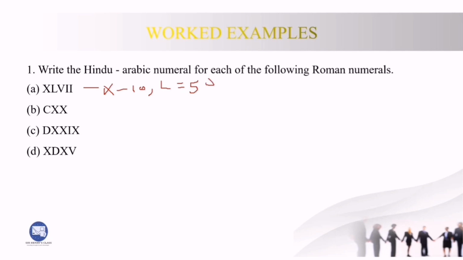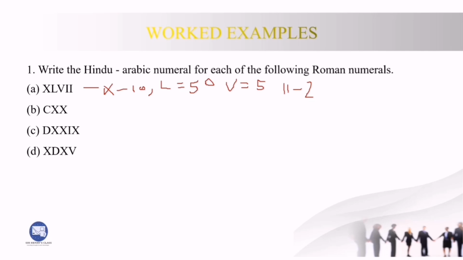Then V represents 5. And then II representing 2. Good.